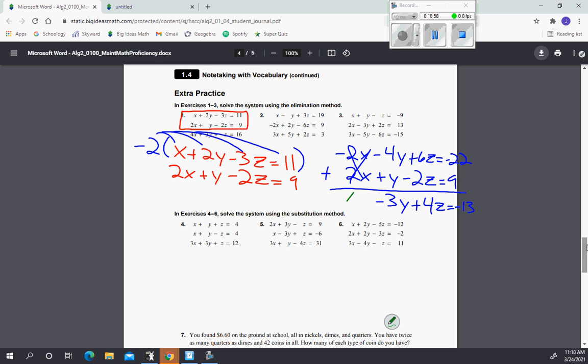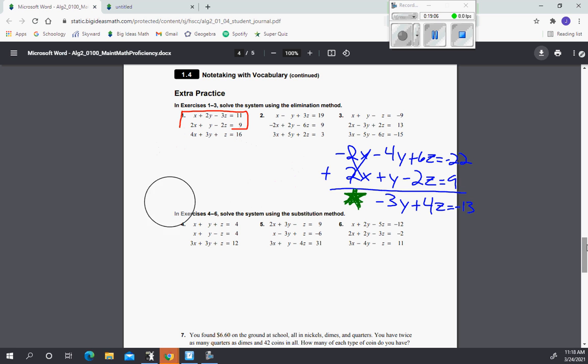Next thing we have to do, star this equation. We're going to come back to this equation, just not right now. I used those top two equations to get that first equation, negative 3y plus 4z equals negative 13.